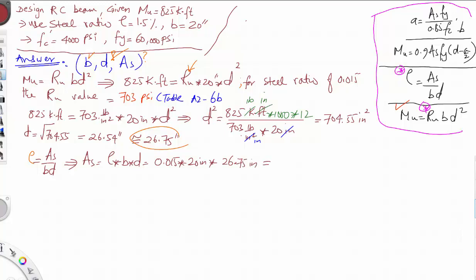So the answer for this is equal to 8.025 inch square. Now this is what we need as a total area of steel.